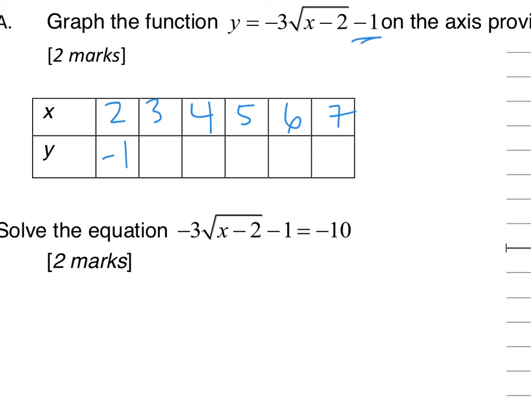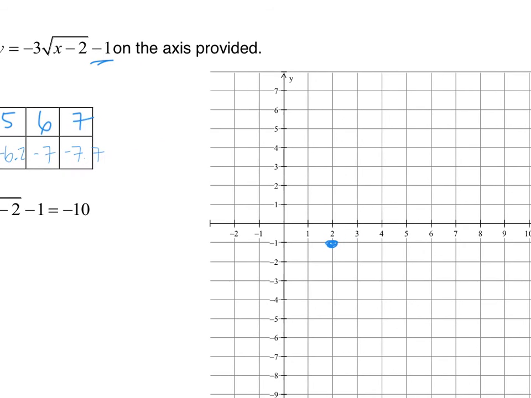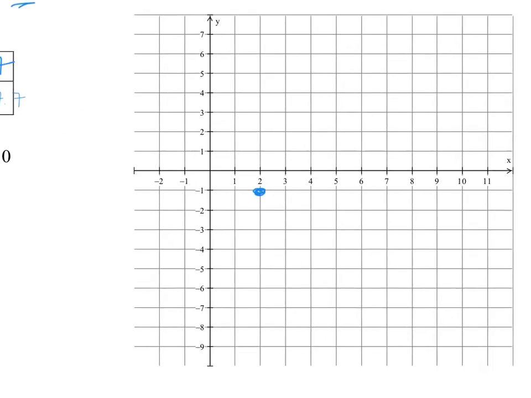So 2, -1, 3, -4, 4, -5.2, 5, -6.2, 6, -7, and 7, -7.7. So I'm going to take these over to the graph. Some of these will have to be estimates, that's okay.